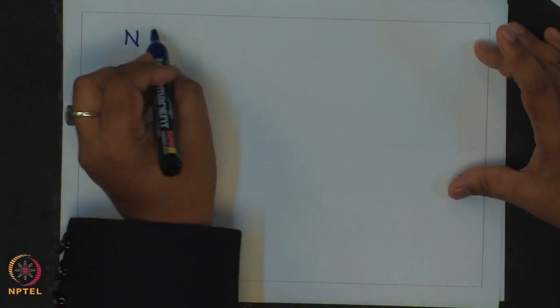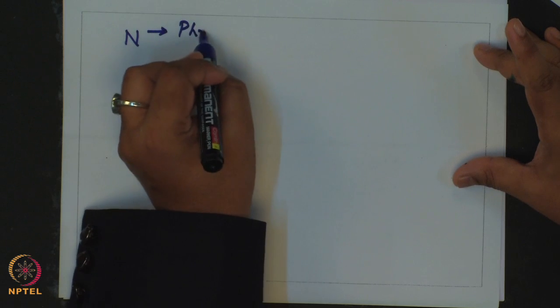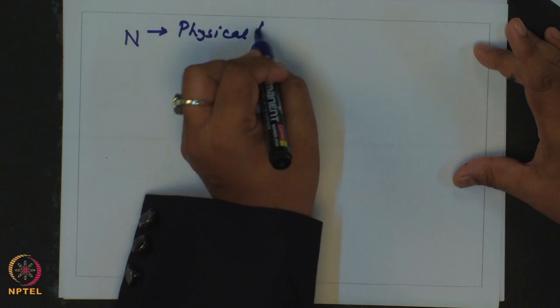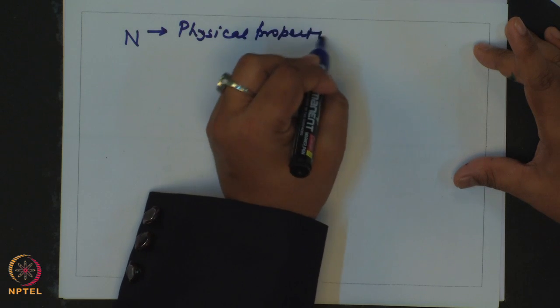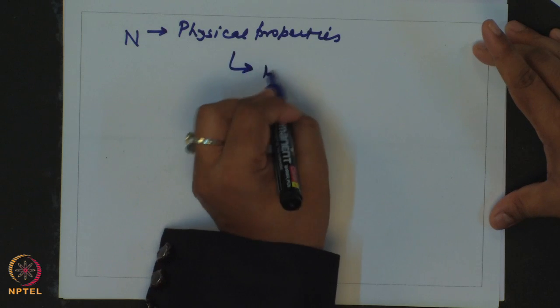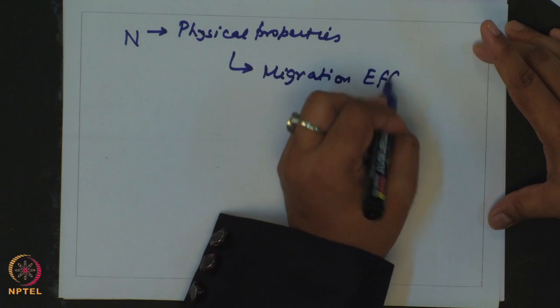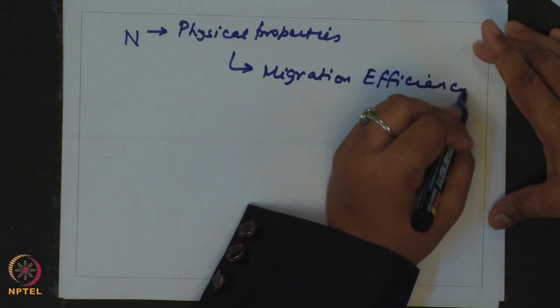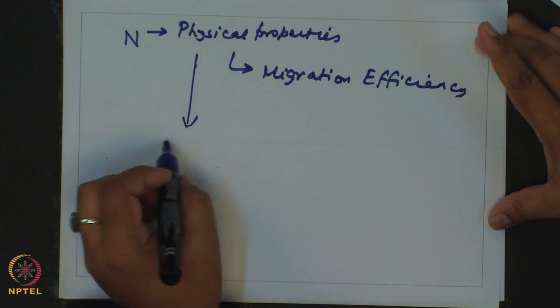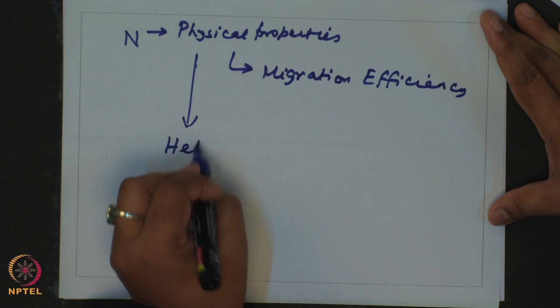And so, I would wrap up by saying that the nucleus has physical properties which dictate the migration efficiency, and also, indirectly, they are implicated in heterogeneity.